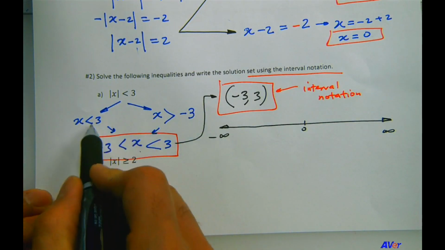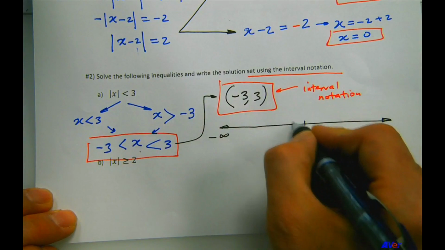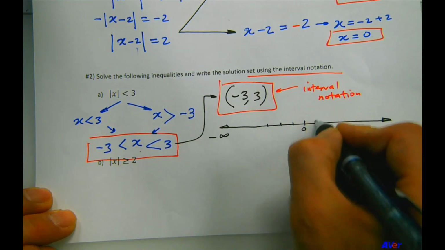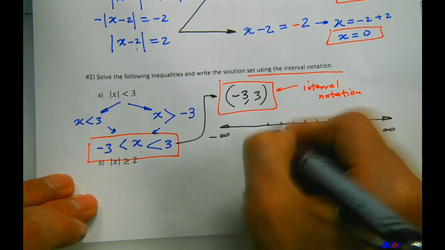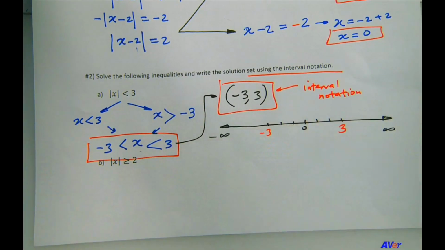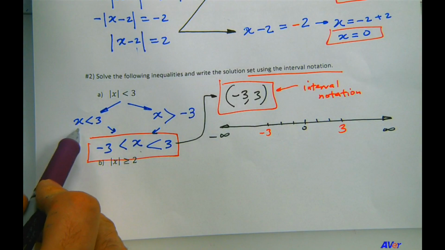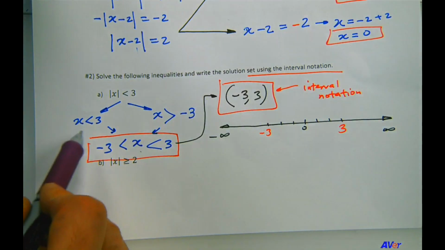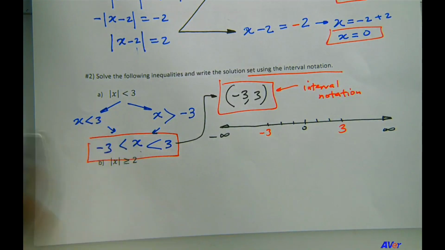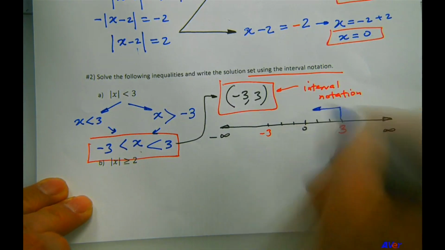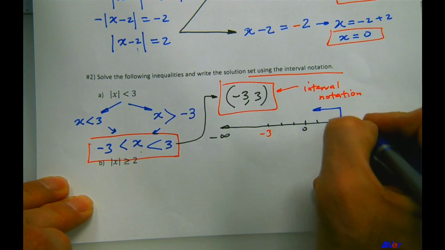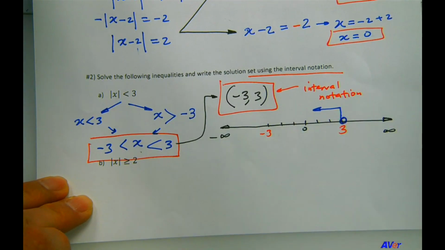So x, let me mark this off with 1, 2, 3. So we have 3 here and -3 here, right? So this solution says, hey, x has to be less than 3. So that means x has to be this way, right? Less than 3. And let me put a hollow circle there.